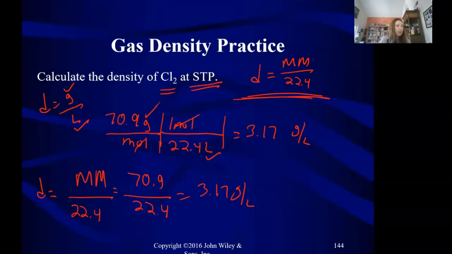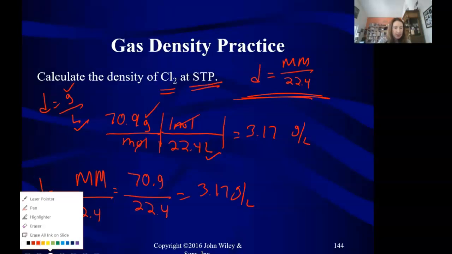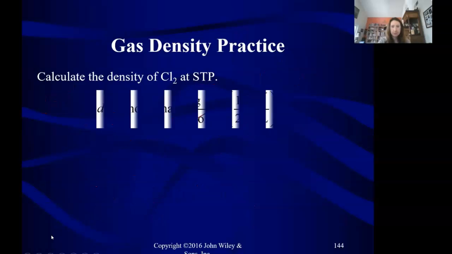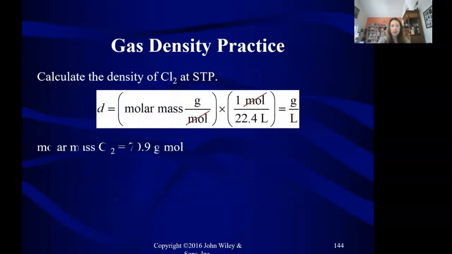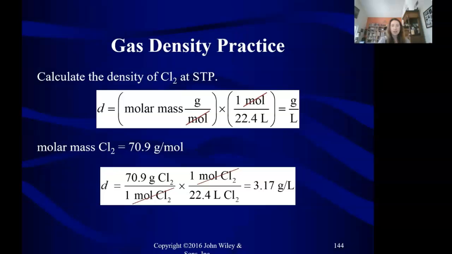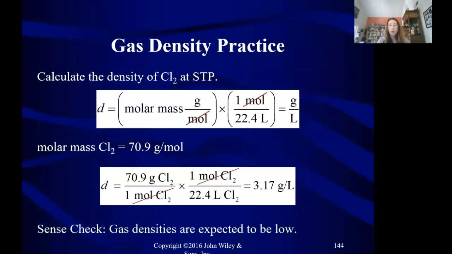It's fine. Whichever one you feel more comfortable with. So there's our conversion, and you end up with 3.17 grams per liter. Okay, so this is density at STP. Again, you can use that nice new little shortcut, which just shows you 1 mole over 22.4 liters.